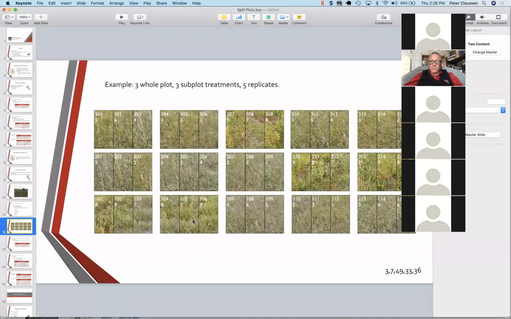And so my arrangement, this is images from mid-season when I was doing some of the scoring. And so this is whole plot number 1, which I believe got sprayed, if I remember correctly. Yep, the sprayed. Whole plot number 2 was, I think, burns, and whole plot number 3 was mowing.